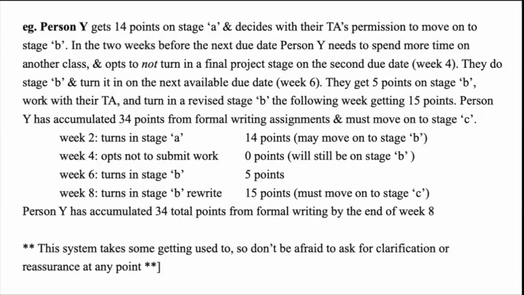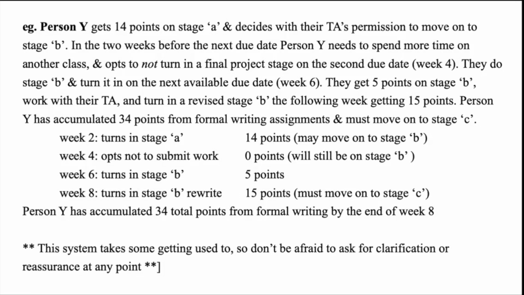Now person Y gets 14 points on stage A and decides with their TA's permission to move on to stage B. In the 2 weeks before the next due date, person Y needs to spend more time on another class and opts not to turn in a final project stage on the second due date, week 4. There's no penalty for that. It just means you don't collect points that time.